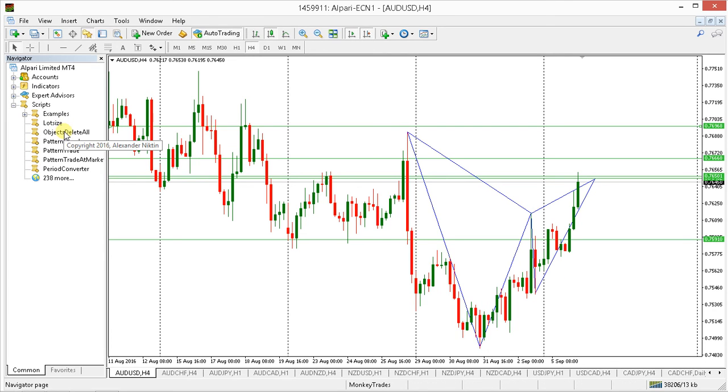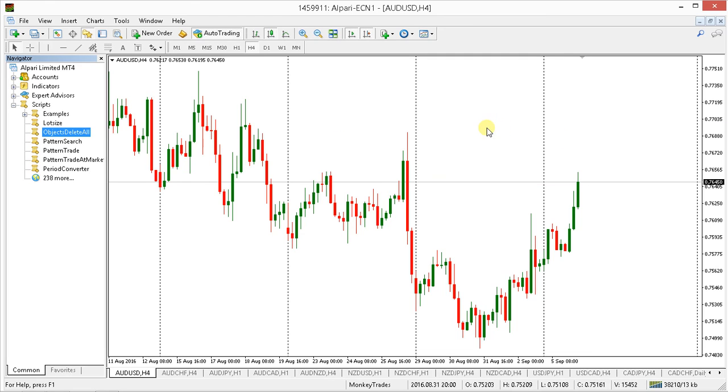Okay, let me delete all objects and do absolutely the same operations but much faster. Oh, sorry, not enough drawings. I need to draw the drawings first. Oh, my script is so smart, it alerts me that I need to draw something.